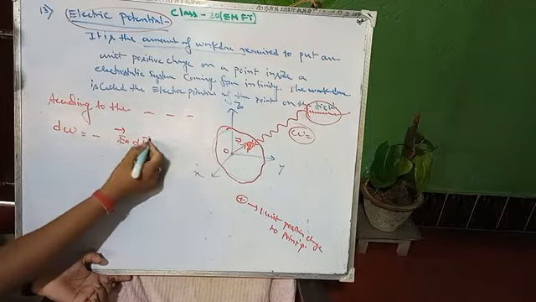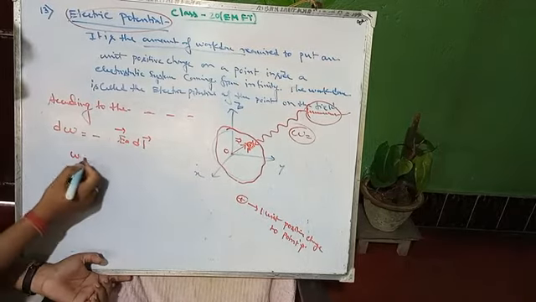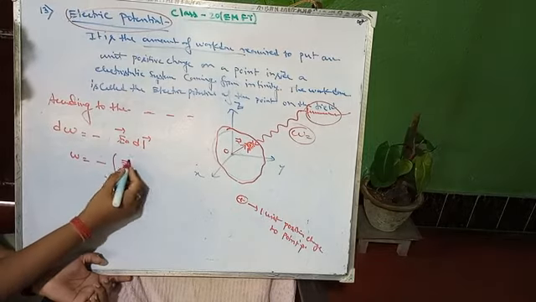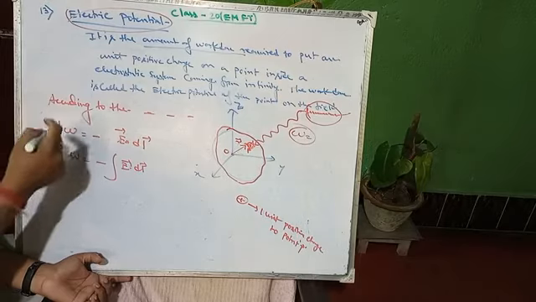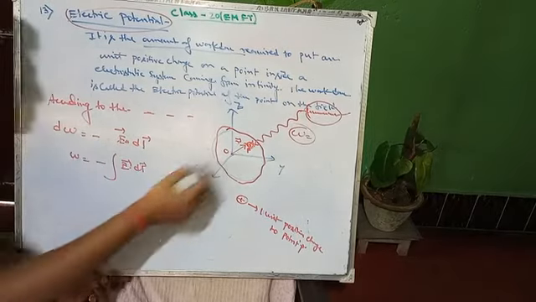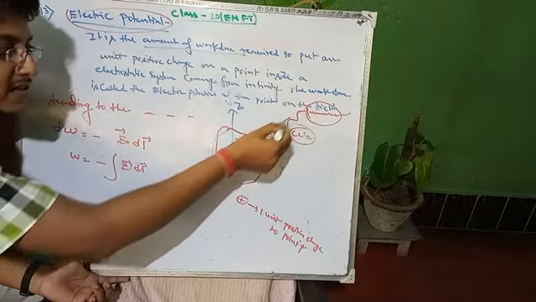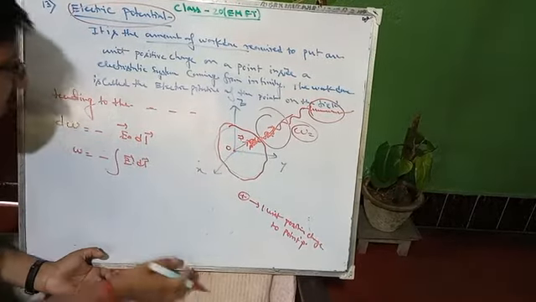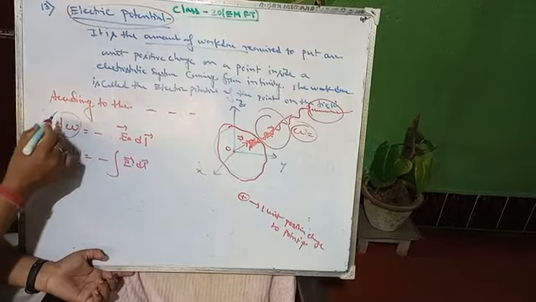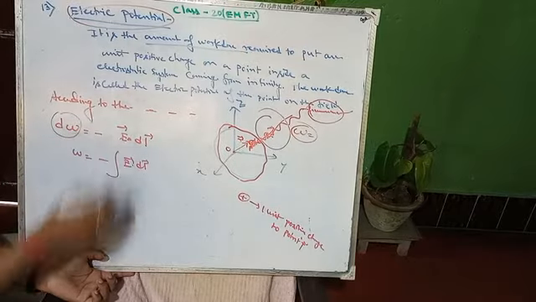So W equals minus the integration of E dot dl. Why is it taken as minus? Because the work done is exactly opposite to the intensity. The intensity is acting outward and the work done is inward. So that's why there is a sign opposition, and the work done required is exactly opposite to that intensity.